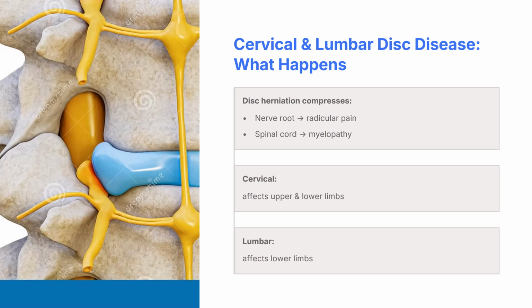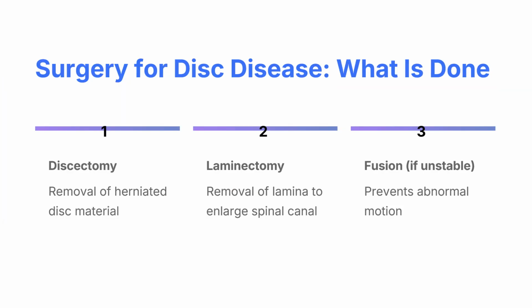Now let's move to another slide. This is the discectomy slide, which shows what is done in these conditions. We do a discectomy, that means removal of the disc material. Laminectomy is removal of the lamina, and there is fusion.